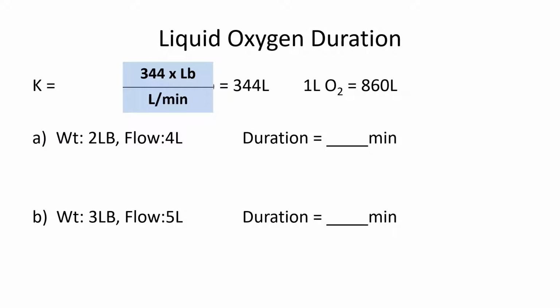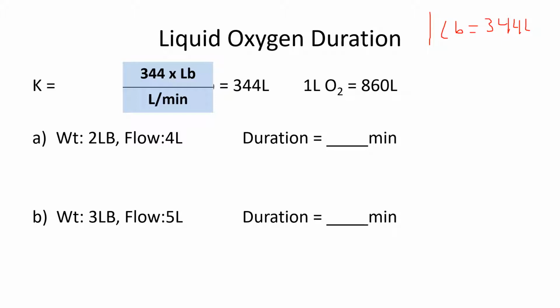All right, last thing, I guess I'll have to write these in. You guys punch in the numbers for us. So liquid oxygen duration, very similar to H and K and E cylinders. Our conversion factor, depending on if it is measured by weight, is 344 liters per pound. 1 pound of liquid O2 is going to give you 344 liters.